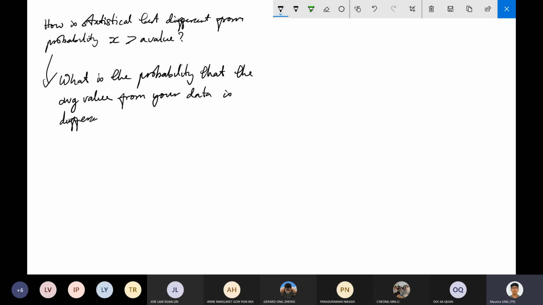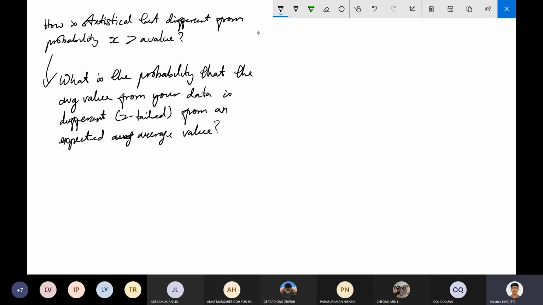By different, I mean a two-tailed test. We are looking at average values versus average value here. We are not looking at value versus value.